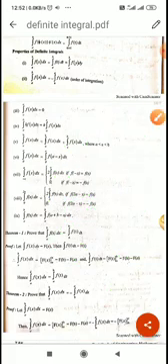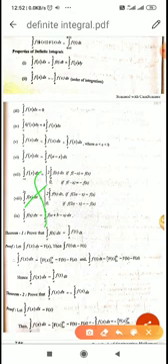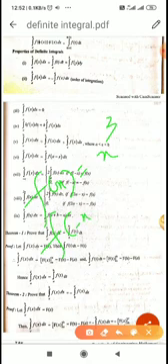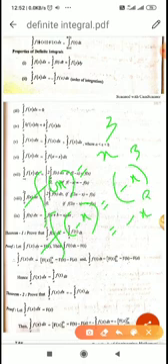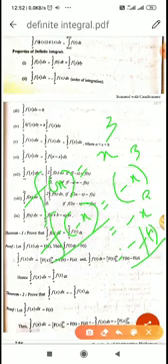What is an odd function? Suppose for example f of x is equal to x cube. If you replace x by minus x, we get minus x whole cube, which is minus x cube, that is minus f of x. So f of minus x is equal to minus f of x. So this is an example of an odd function.